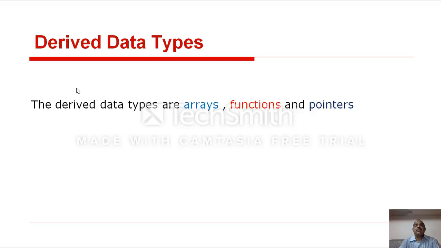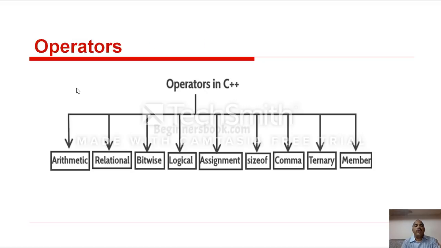What is a function? A function is a self-contained block of statements that is used to perform a specific task. What is a pointer? A pointer is a variable which holds the address of another variable. We know this very well already; you learned it in C language.